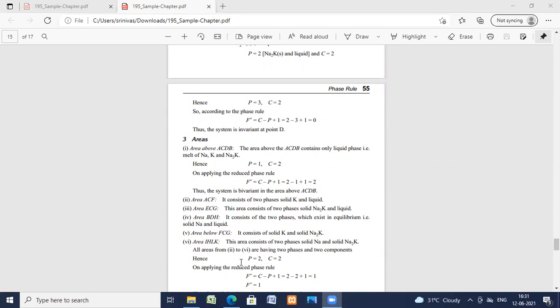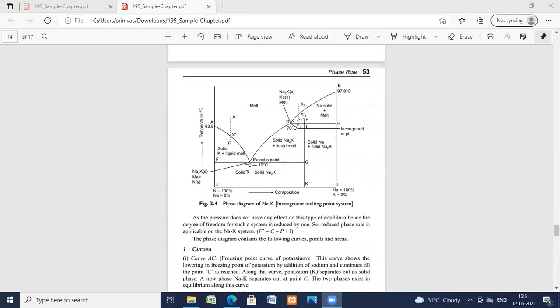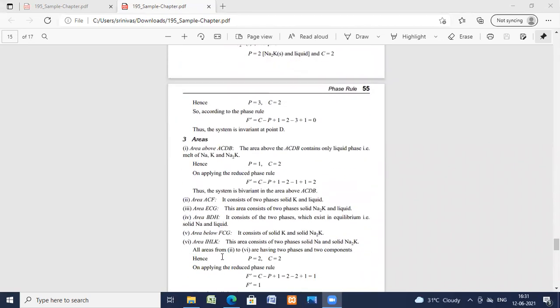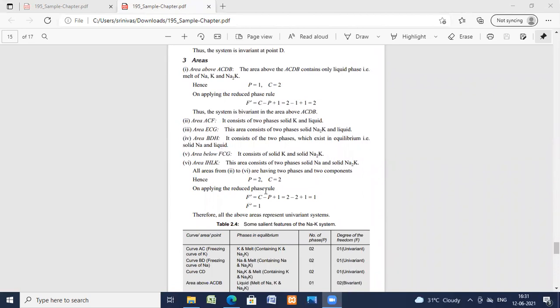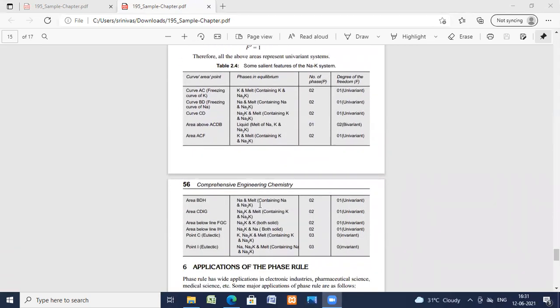Similarly, IHLK, P is 2, C is 2, you get univariant. Below FCG, it's a solid, molten and solid. So for these, P is 2 and C is 2, a reduced phase rule, so univariant system.